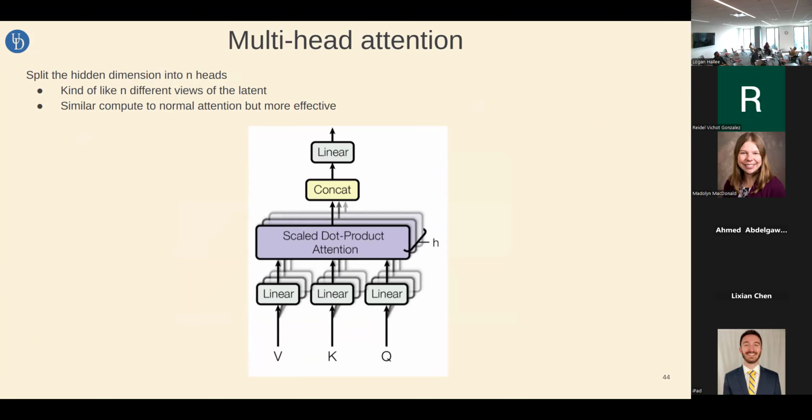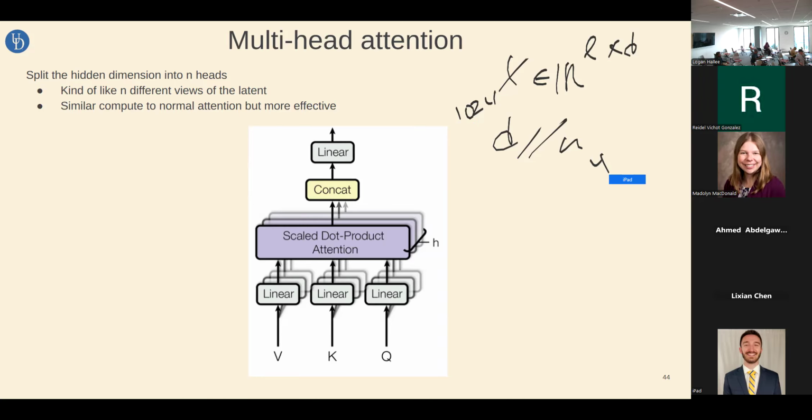So instead of an L by D, we pick some number of heads, N. Usually we enforce that D is divisible by N. Let's say there were 4 heads and our hidden dimension was 1024. So now our head size is 256.